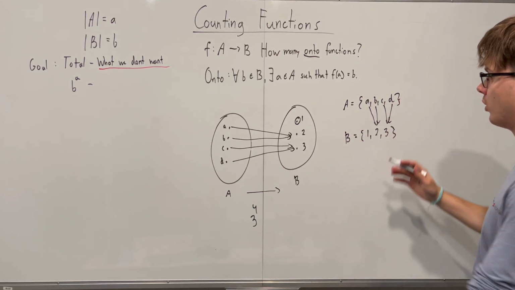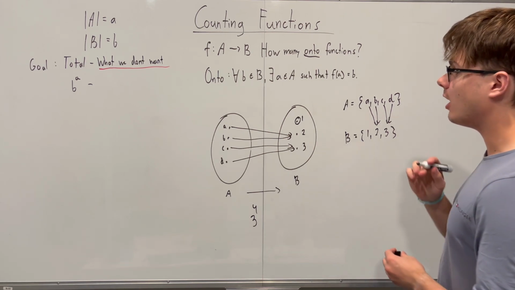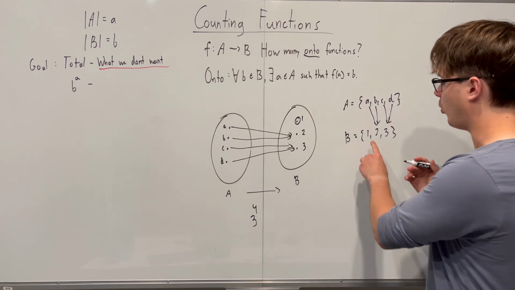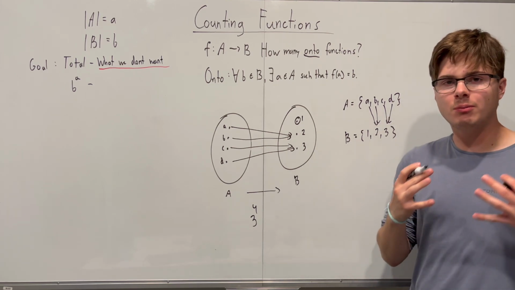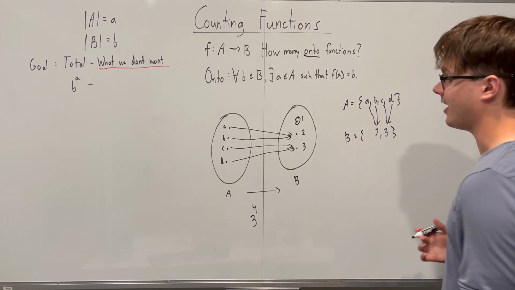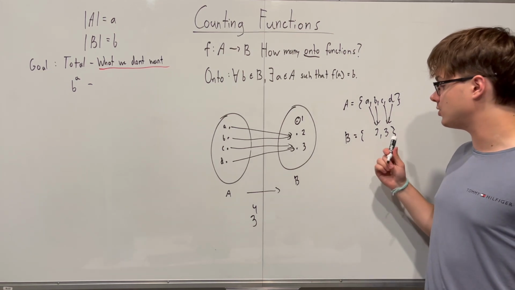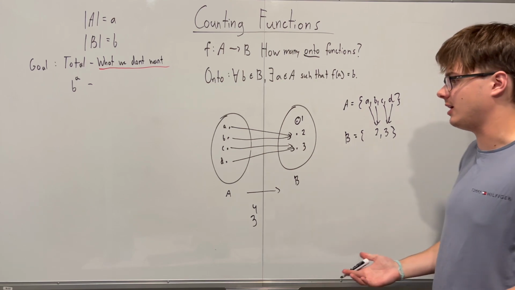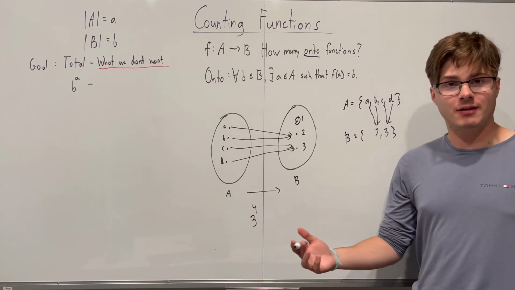For this example, or any orientation of these arrows. But the important point is, because nothing's ever going to map to 1, you might as well pretend like the 1 isn't there. You might as well pretend like your B only consists of these 2 elements because the 1 doesn't do anything. No one's getting to the 1. So we just pretend like the 1 isn't there in that case.